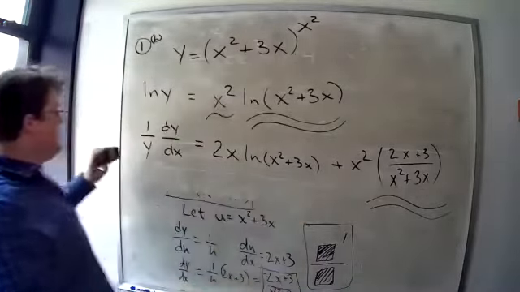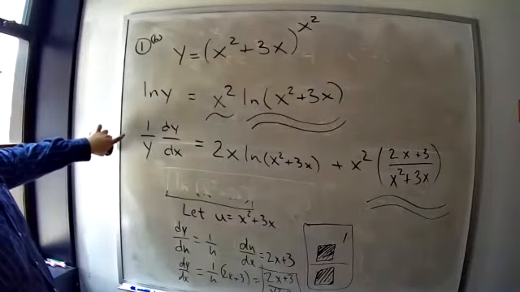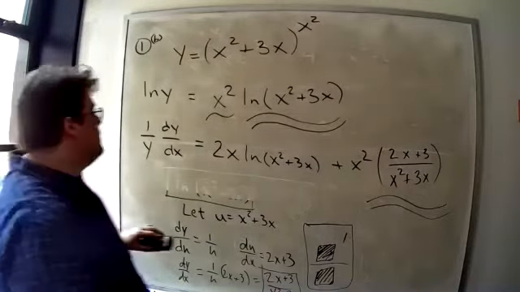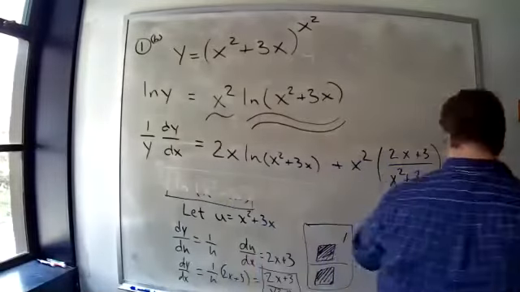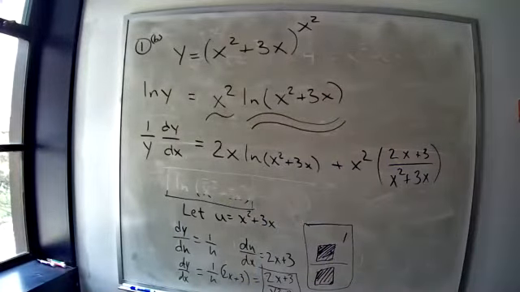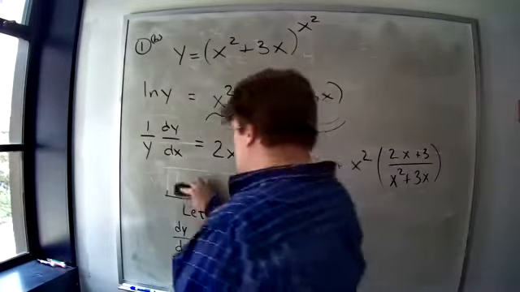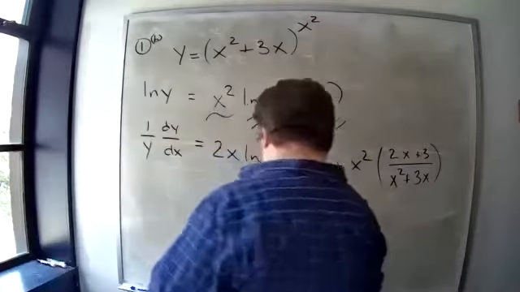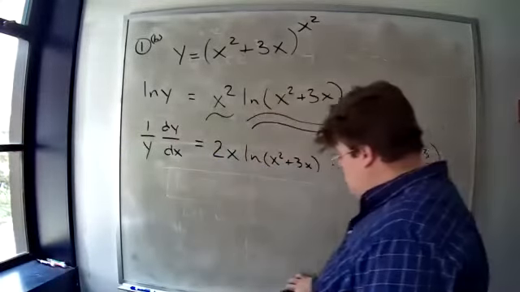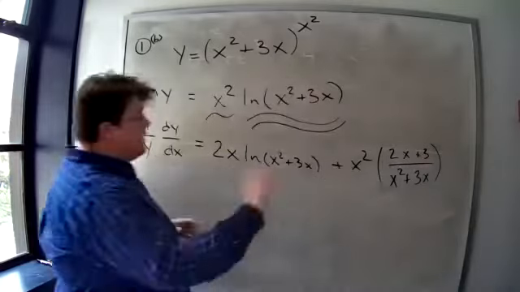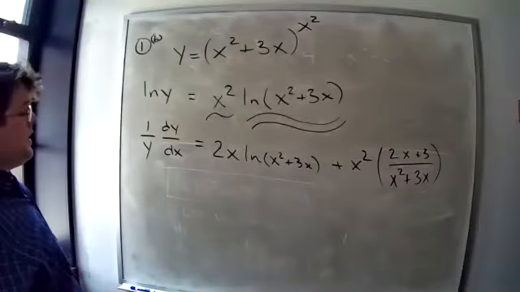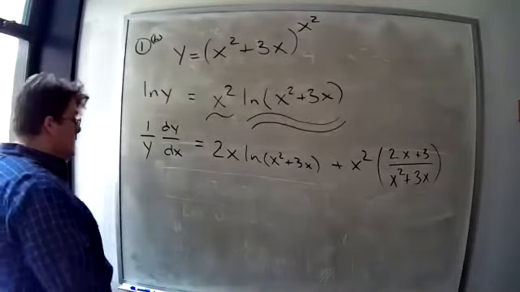Any other questions about how we got this line here? Okay, so now we needed dy dx. Well, there's only one dy dx here. This left side, the right side had only x's, so there's not going to be a dy dx.